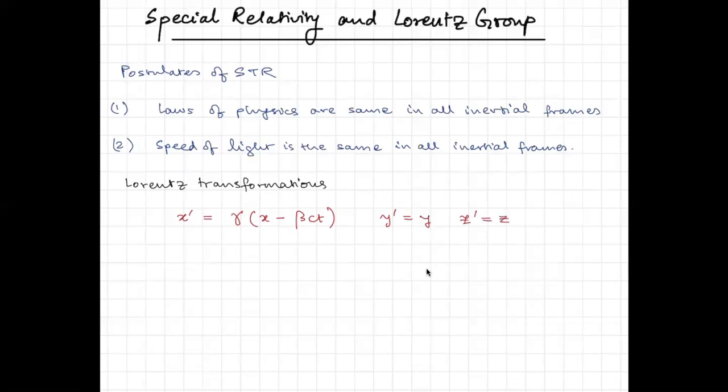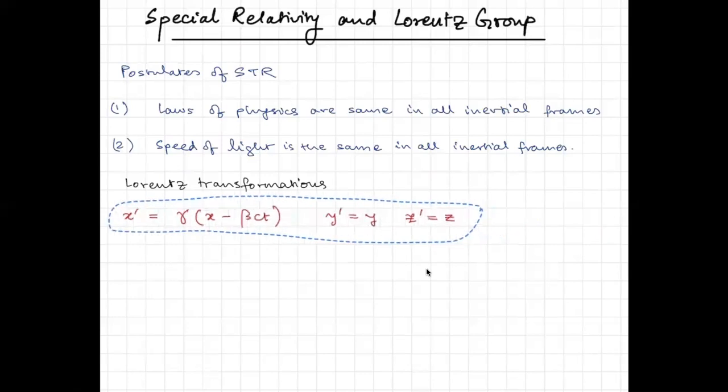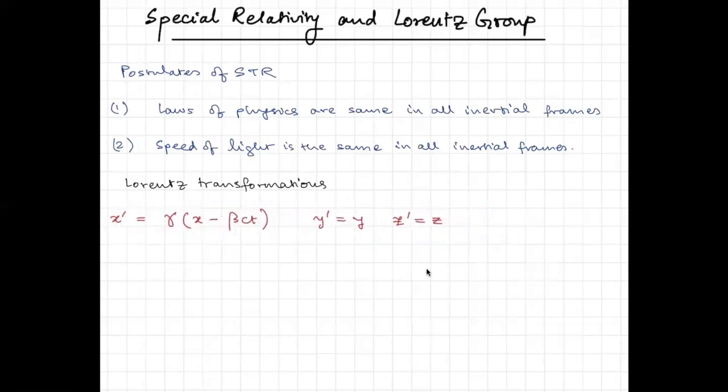And we have ct prime is equal to gamma times ct minus beta x.